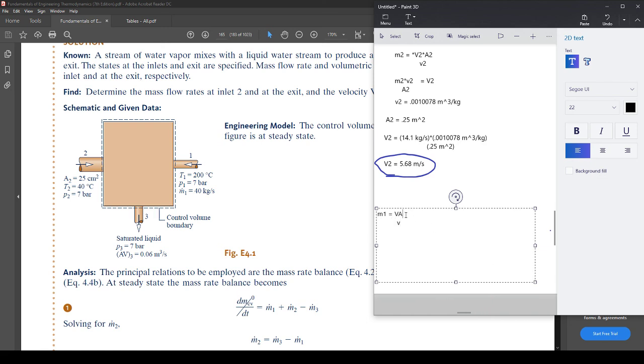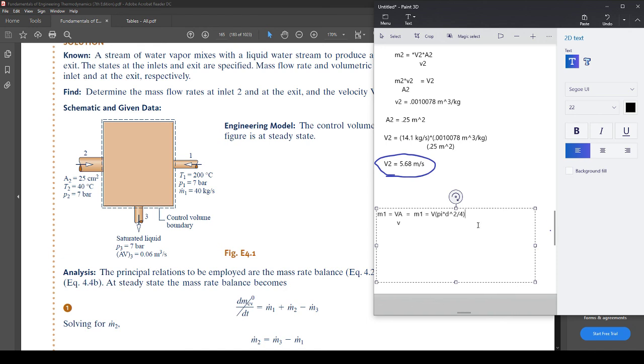So if you do this right here, and they ask you for the diameter, you have to break it up. You have to go M1 is equal to V, then you have to do pi times d squared over 4, right? Then you have to solve for diameter.